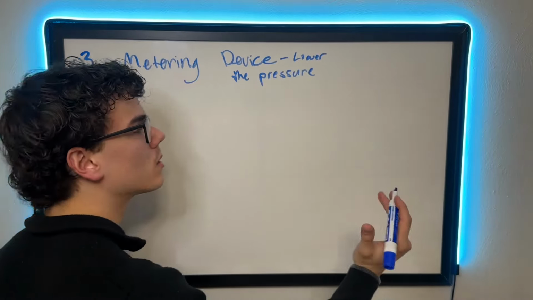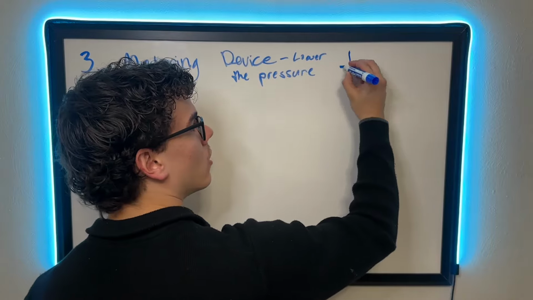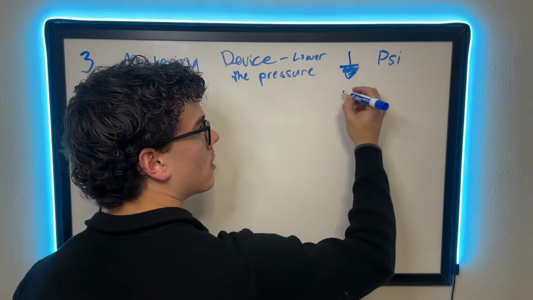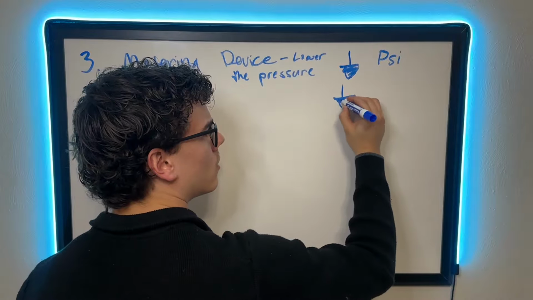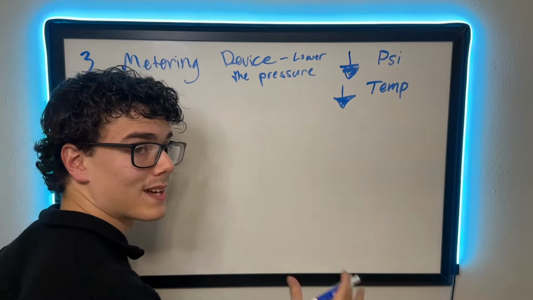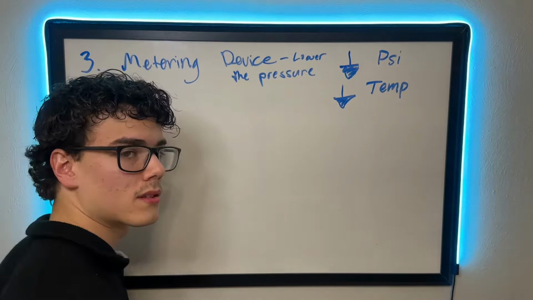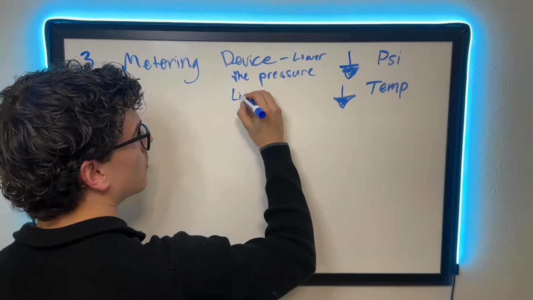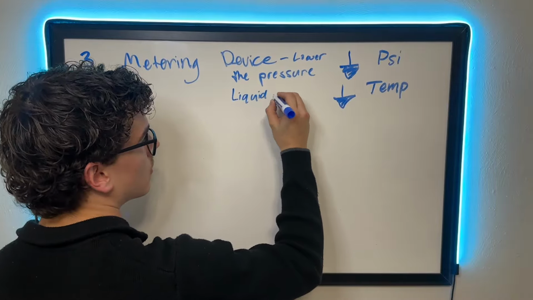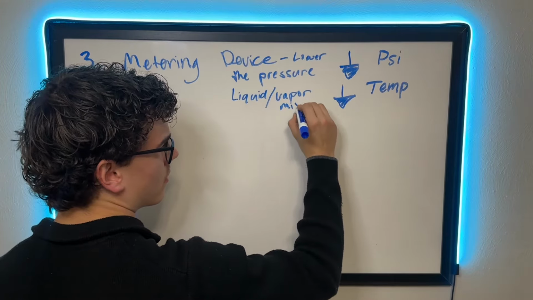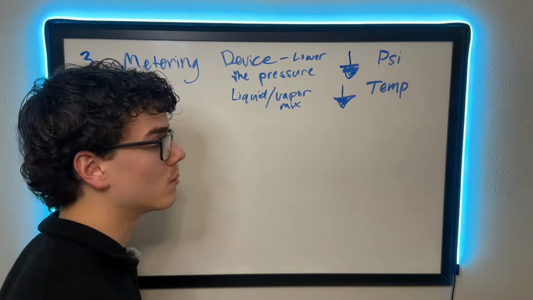So at the metering device, we're now going to have a low pressure and we're going to have a low temperature. But remember, in the condenser, it was a liquid. The state of the refrigerant at the metering device is a liquid/vapor mix. And I'll explain why in a few minutes.